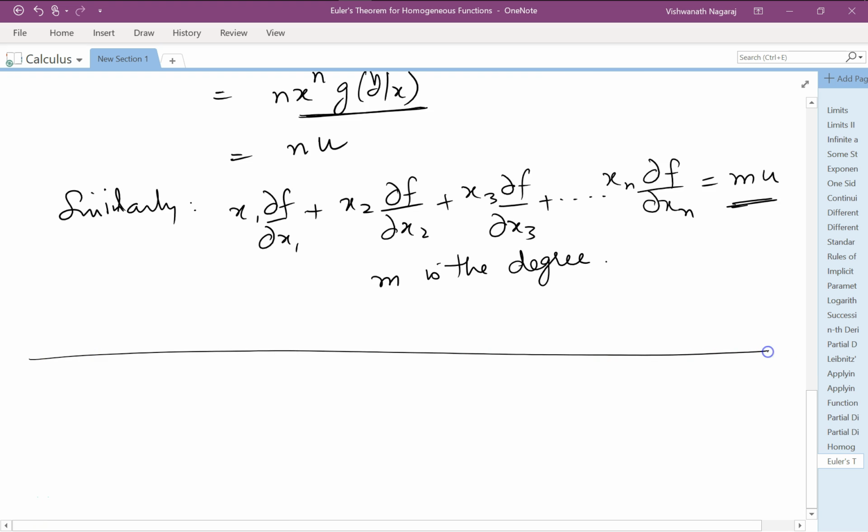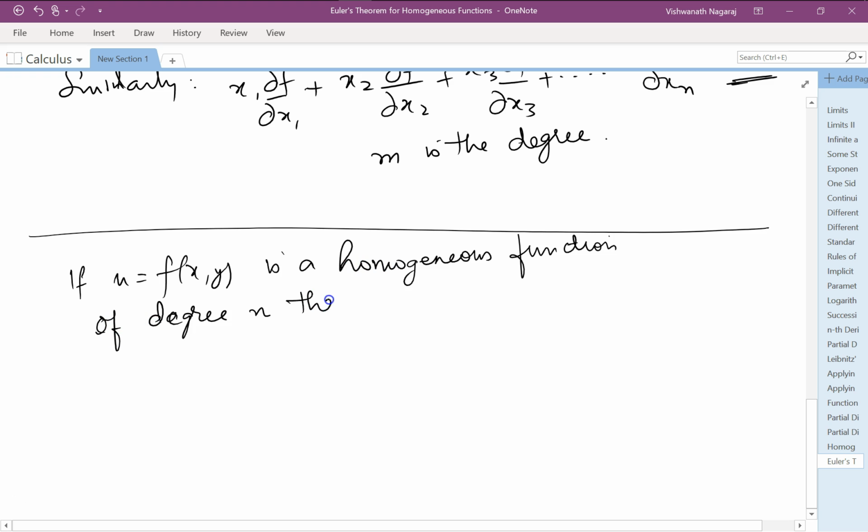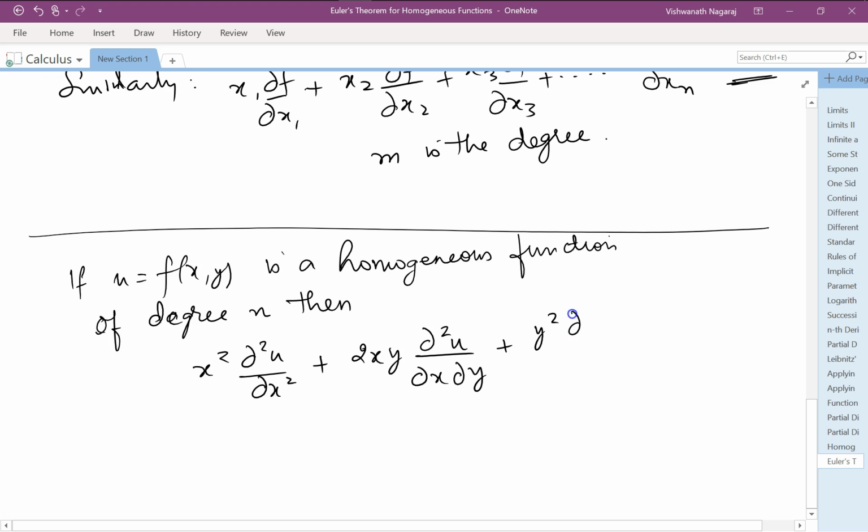Now let's look at an extended version of Euler's theorem. Okay, so if u equal to f of x comma y is a homogeneous function of degree n, then x square ∂²u/∂x² plus 2xy ∂²u/∂x∂y plus y square ∂²u/∂y².